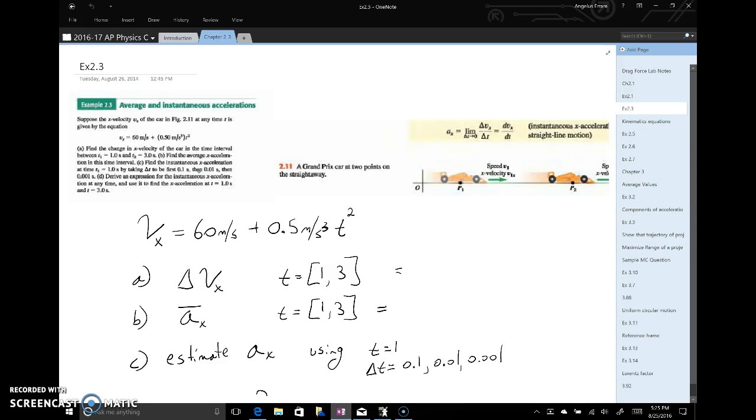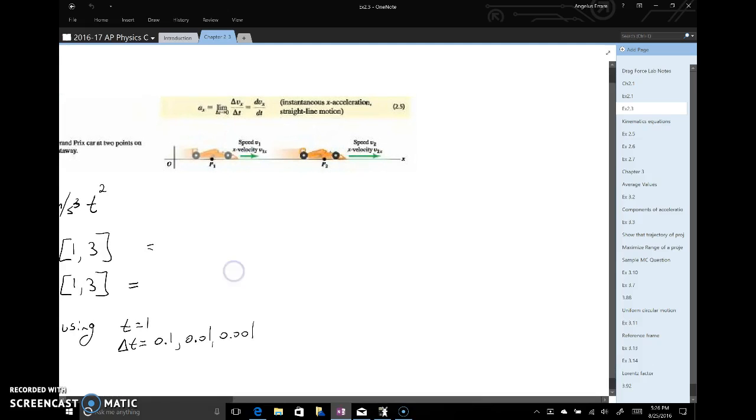So here's the thing to remember about this problem. This problem is identical to the problem we just did, except that we're talking about acceleration now instead of velocity. So if you take all those graphs we were looking at before and you do a velocity time graph instead of a position time graph, that's our difference.